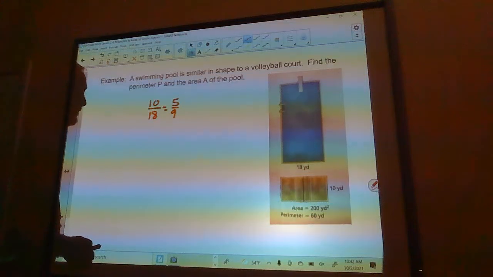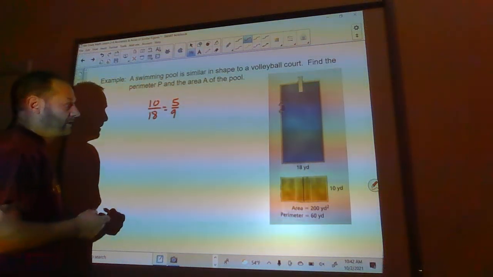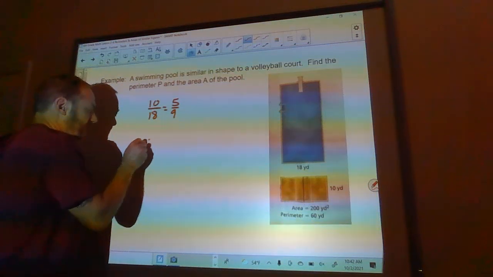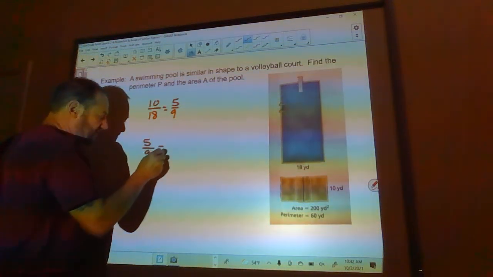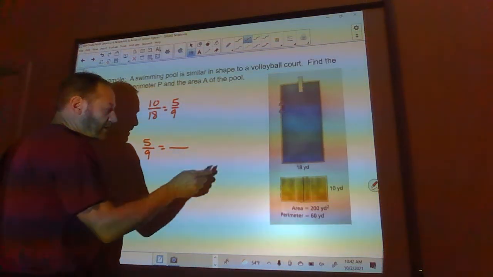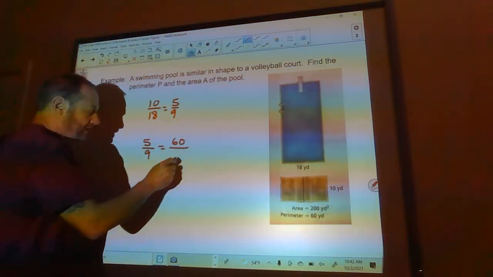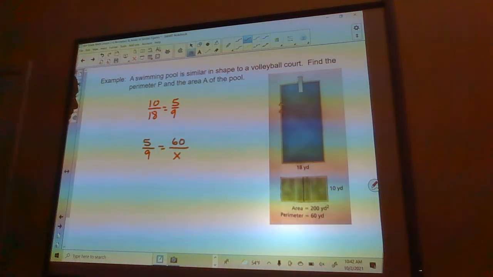Now, the perimeter of the volleyball court is 60. Here's the thing: 5/9 is the scale factor. This is the smaller one. So over here, I'm going to put the perimeter of the smaller one, and then I'm going to figure out the perimeter of the pool.